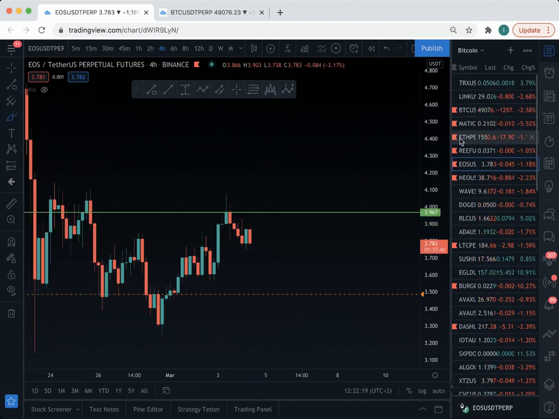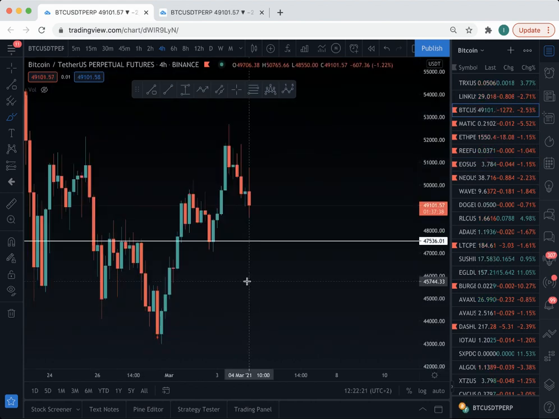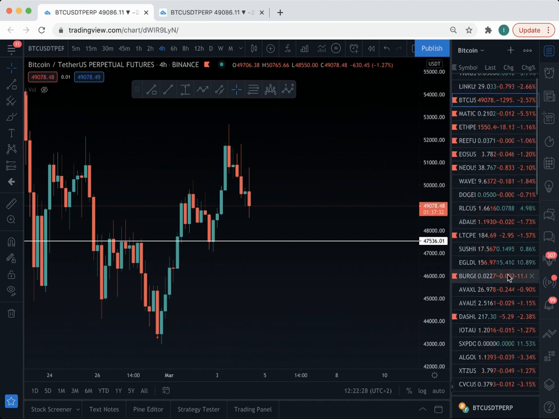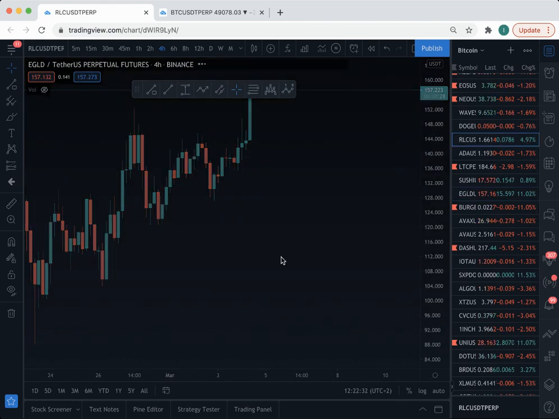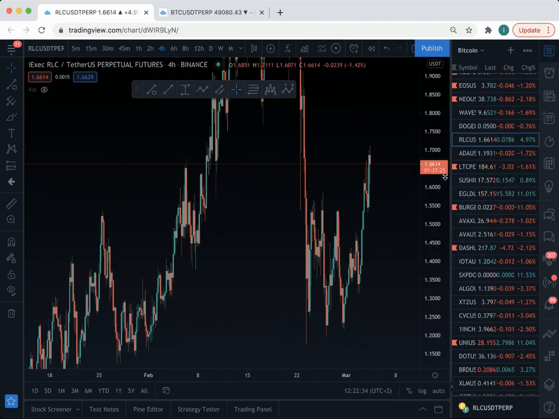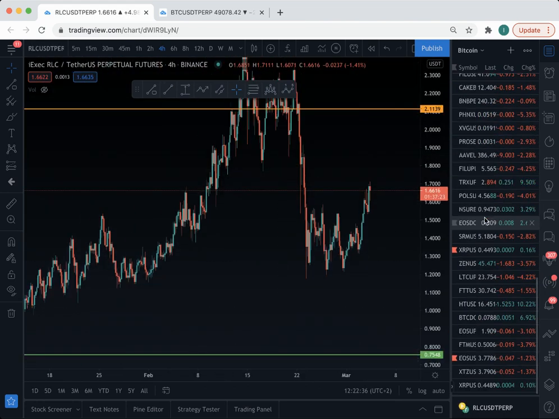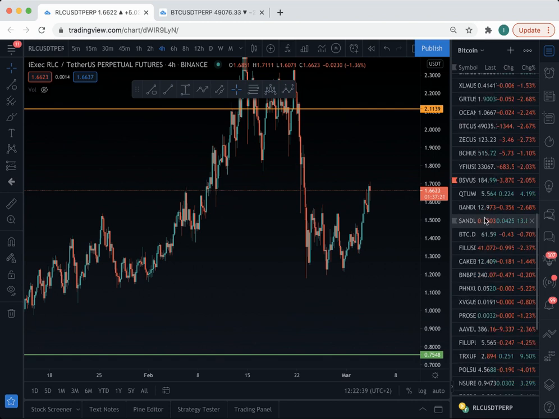And of course, a lot of people depend on Bitcoin, because Bitcoin is the king and it does lead most of these altcoins. But as you guys can see, we have a few green altcoins. We have EGLD, we have RLC. So in the end, Bitcoin doesn't predict the whole market for everyone, but it will 90% of the time.